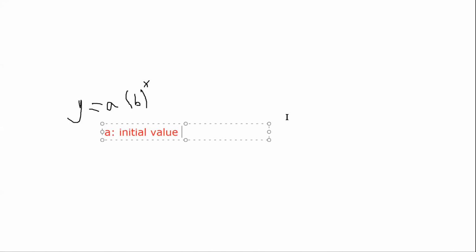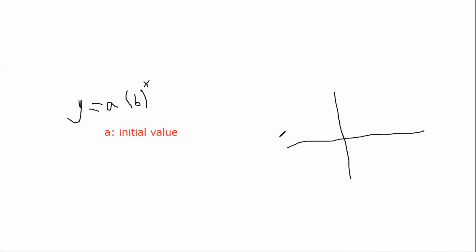When we draw the graph of the exponential relation, it was like this, for example, growing like this. The intersection here will be the value of a. So a was the initial value.